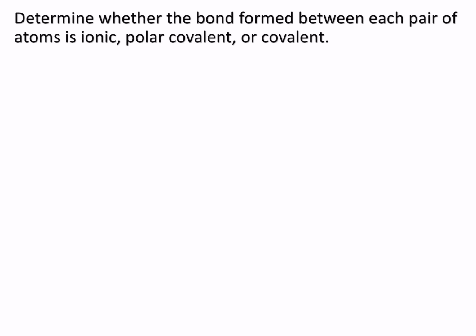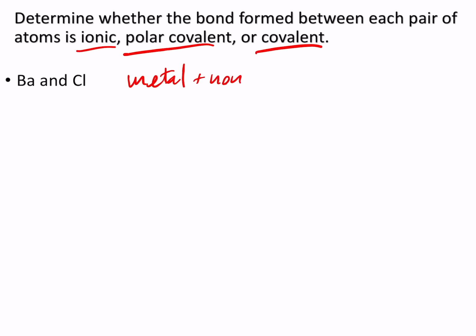Now in this case we have several situations, and we are to determine whether it's an ionic, a polar covalent, or a covalent bond. So here we have metal plus non-metal. Here you go straight to ionic. There is nothing to think here. Now carbon and oxygen.